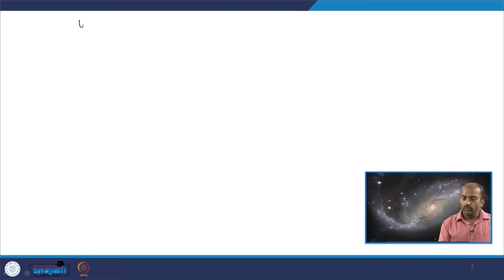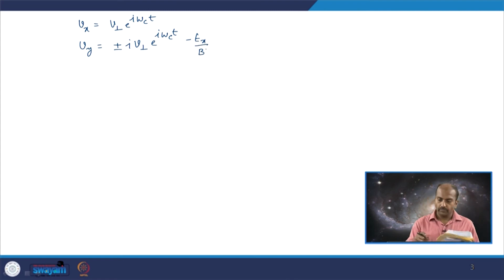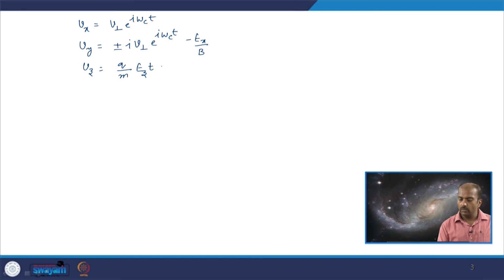Vx is equal to V perpendicular e to the power of i omega c t, Vy is equal to plus minus i V perpendicular e to the power of i omega c t minus Ex by B, and Vz is equal to q by m Ez times t plus Vz0, right.